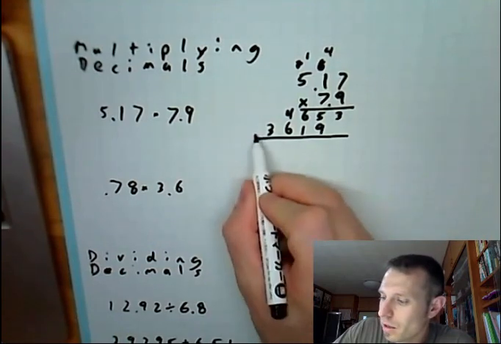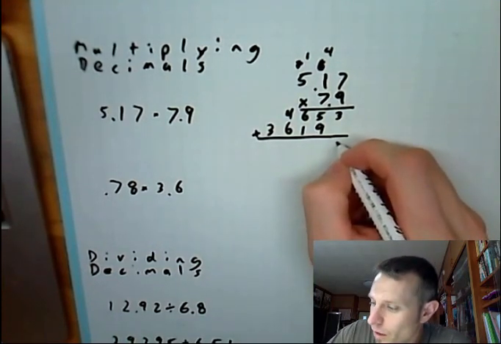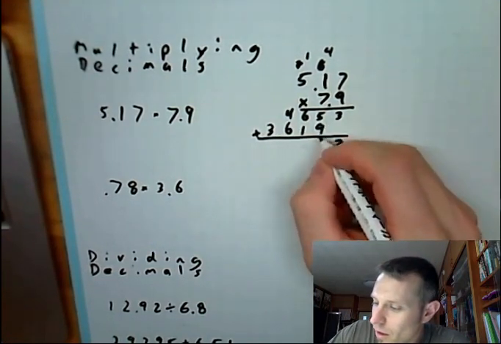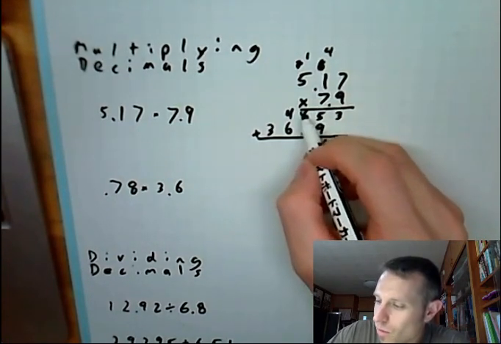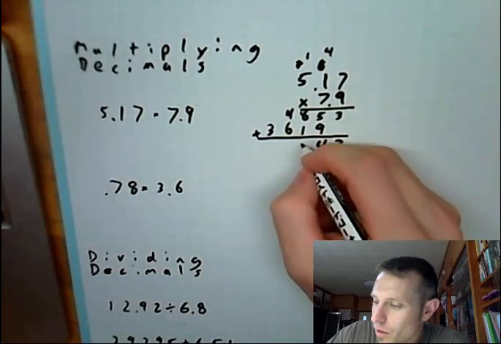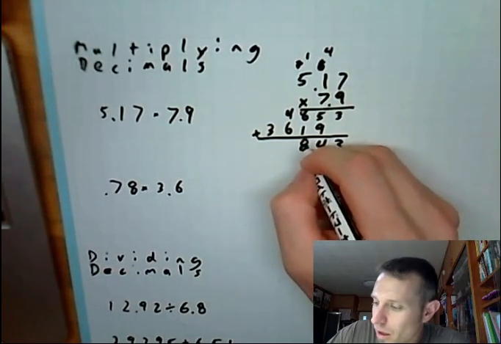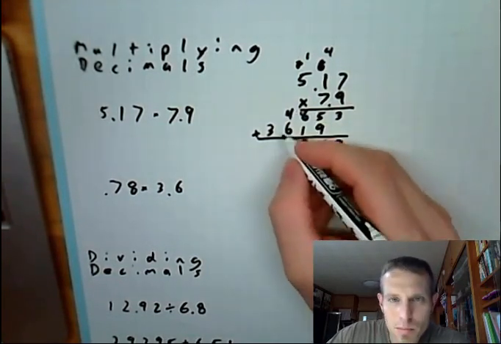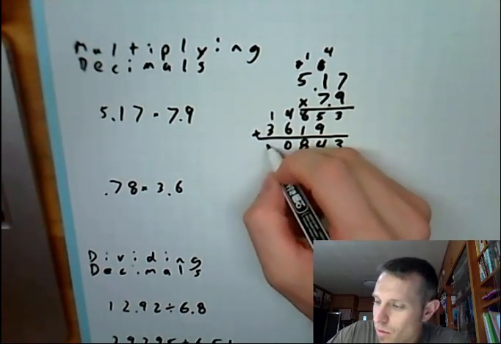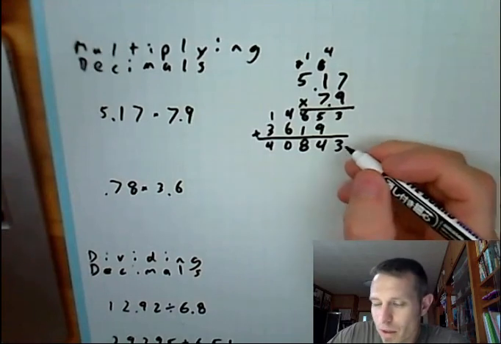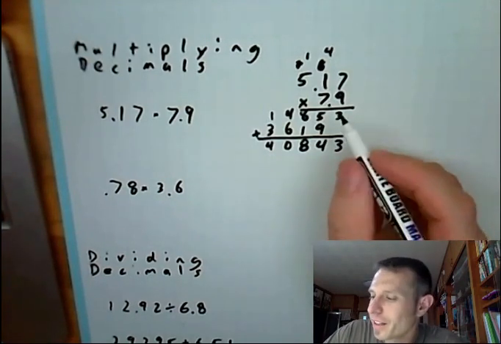And now I'm going to add, just like we would if it was a whole number. Bring down the 3. 5 plus 9 is 14. 1 plus 6 is 7, plus 1 is 8, and 6 plus 4 is 10, and 3 plus 1 is 4. This problem may be familiar to you.